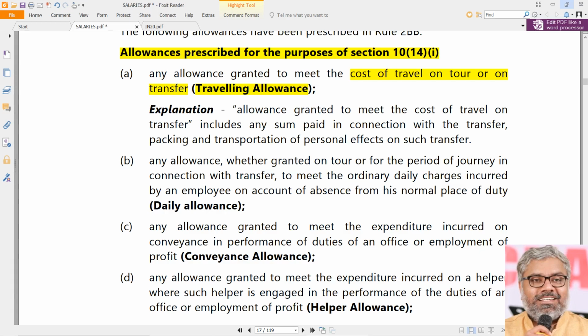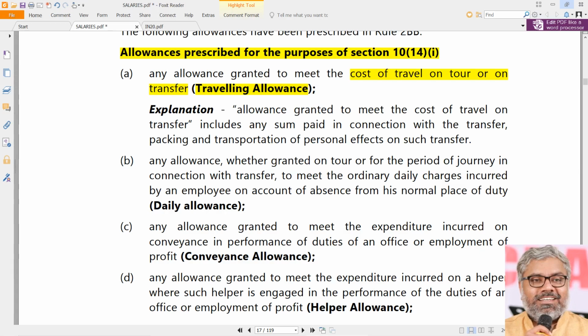To meet such expenses, employer might give some allowance to the employee. Namesake, we can call it traveling allowance. But essence is what you should remember always, not the names only. Names can be deceiving sometimes.